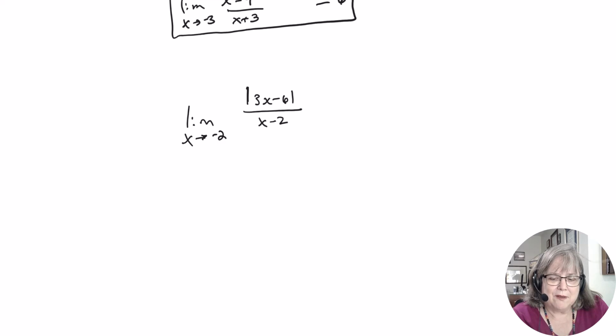This is one of those that looks like, oh wait, if I factor out a 3, that's one of those special cases where I have an absolute value over kind of itself without the absolute values.